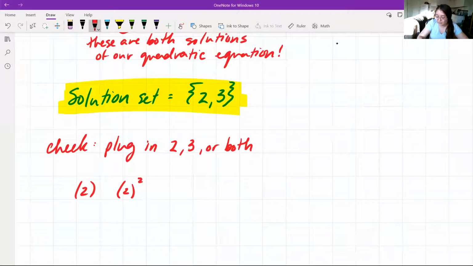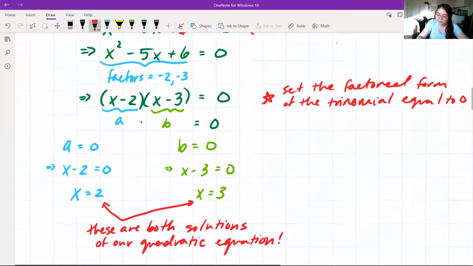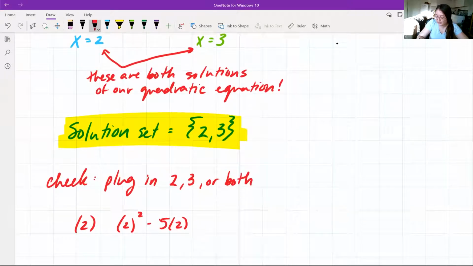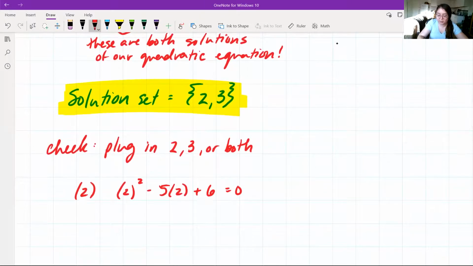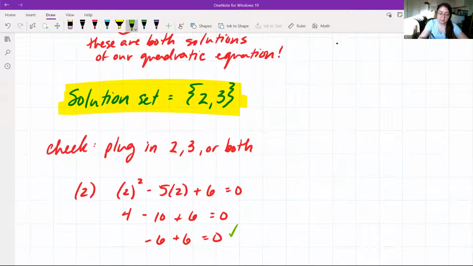So this would be 2 squared minus 5 times 2 plus 6, and we're just checking to make sure that this is equal to 0. 2 squared is 4. 5 times 2 is 10. 4 minus 10 is negative 6, plus 6 is equal to 0. So this is correct. 2 is a solution.